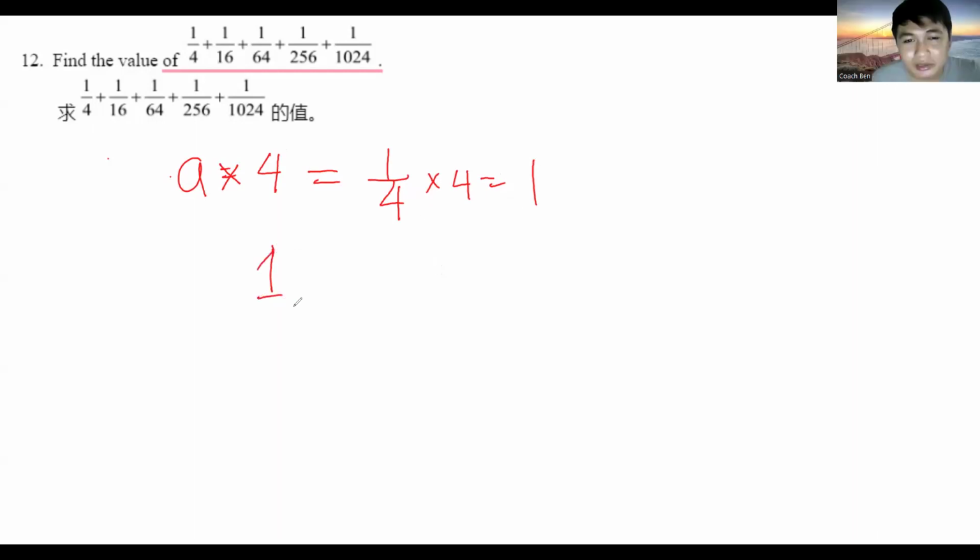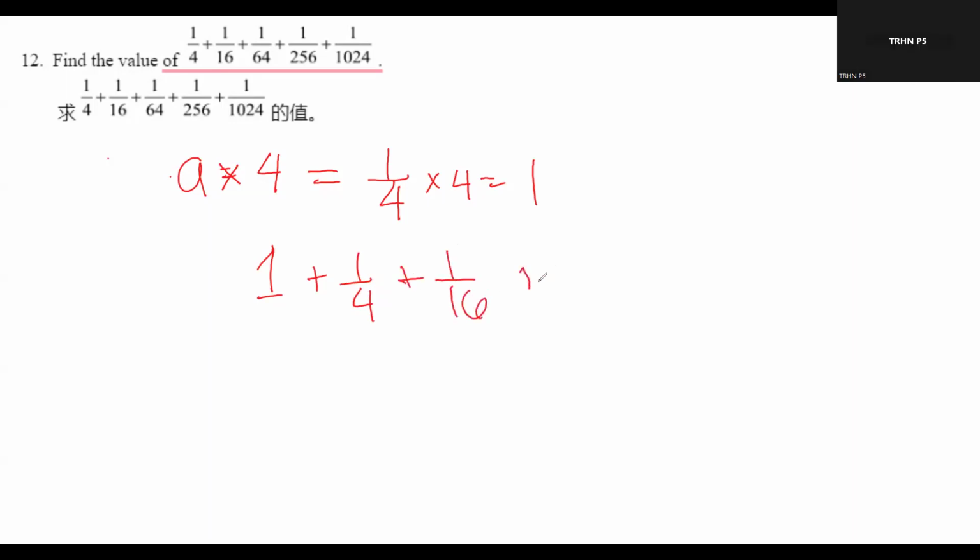Yeah. Plus 1/4 plus 1/16 plus 1 over 64 plus 1 over 256.